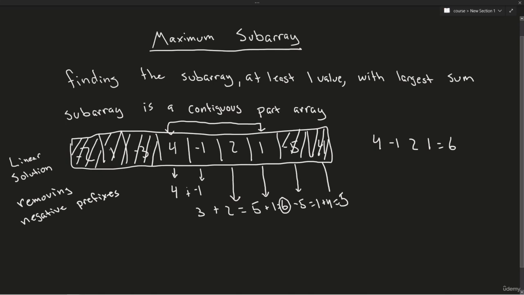So it doesn't make sense for us to start out with this -2 that we got from these two values. So we just kind of slide our index down until we find that value that doesn't have a negative prefix, and then we begin enumerating all the different subarrays that can form from this starting index, which we were able to conclude was this 6 here, which in turn ended up being our maximum subarray.